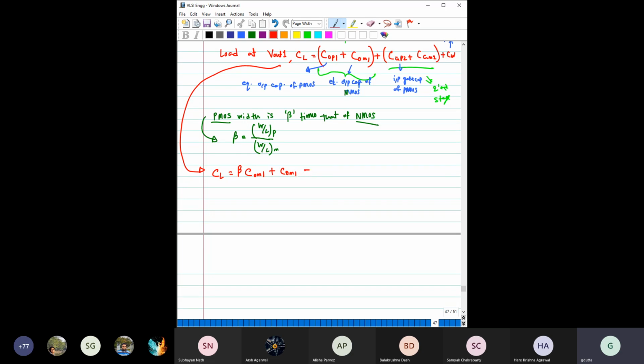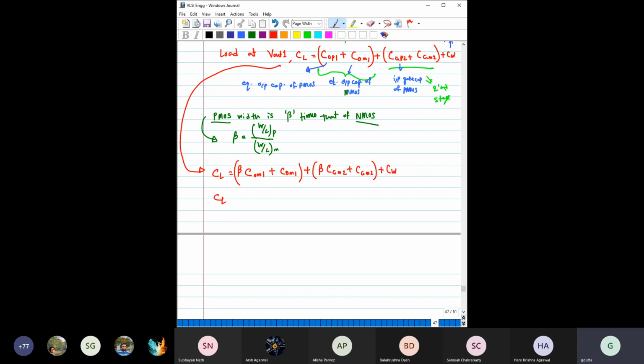That is the first part. For the second part, the input gate capacitances are also linearly proportional to the width. So here also we can write beta times CGN2 plus CGN2 plus this CW.